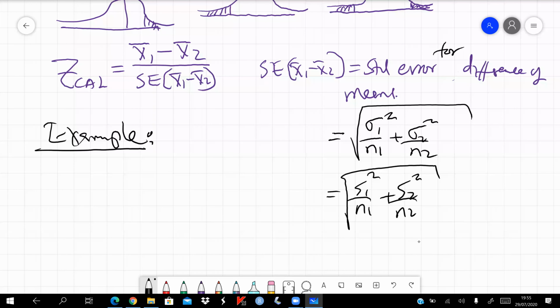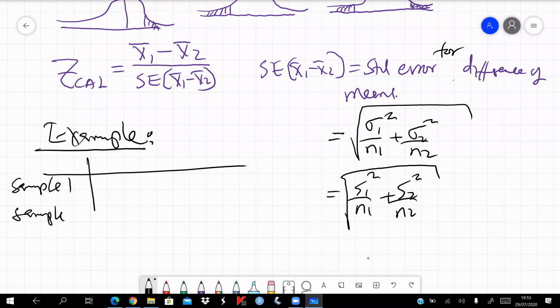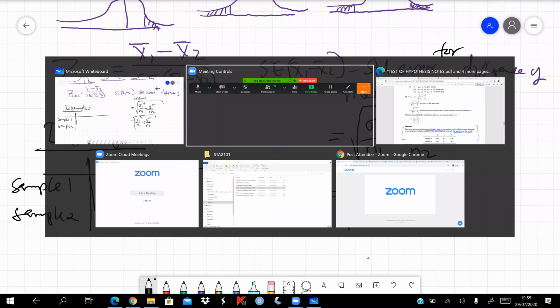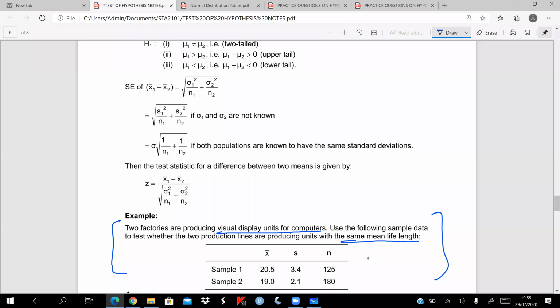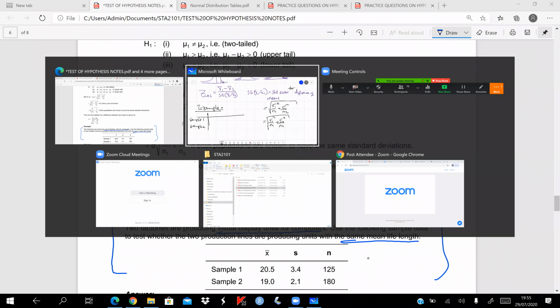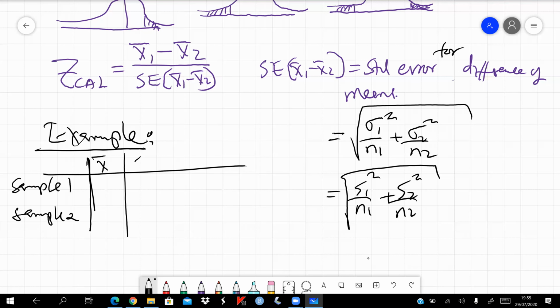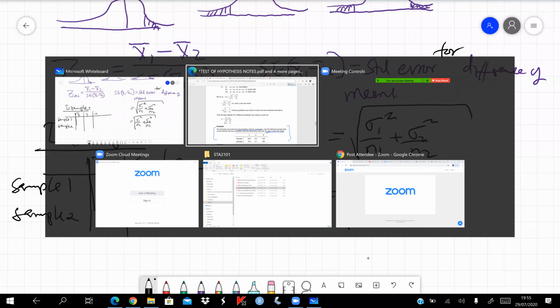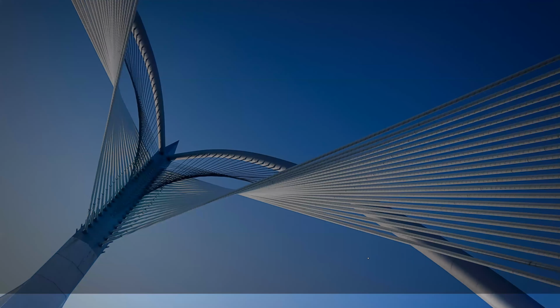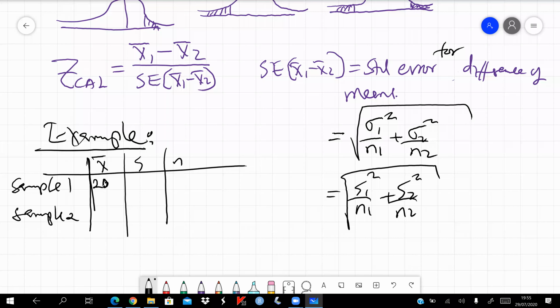So this is a table we are given there. We're given x bar, s and n. The mean of the first sample we are told is 20.5, and the second is 19.0.